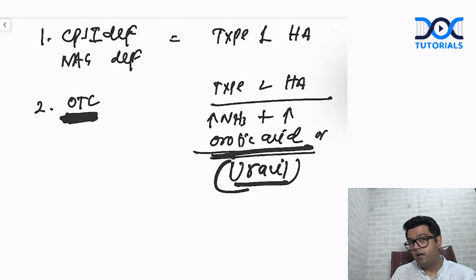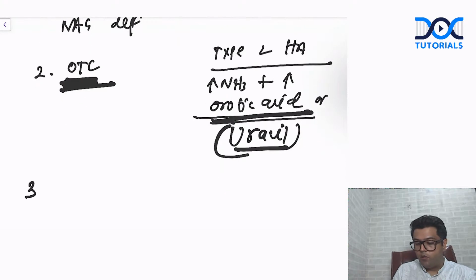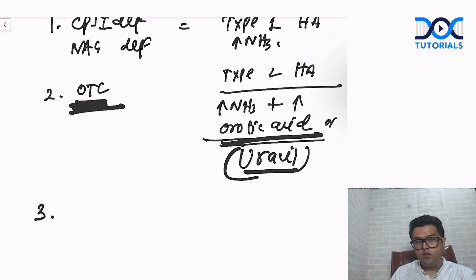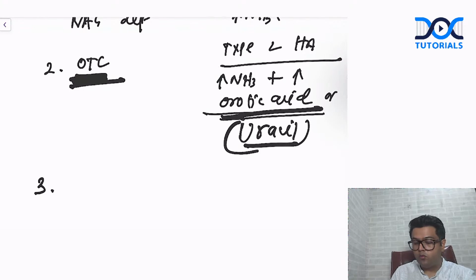You know why? Because to make uracil or UMP, you need pentose sugars, which are not easily available all the time. Only because of this enzyme deficiency, carbamyl phosphate enters into pyrimidine synthesis. So, guys, that is our second point. You can easily diagnose: if only ammonia is high, it is type 1. If ammonia plus orotic acid is high, it is type 2.